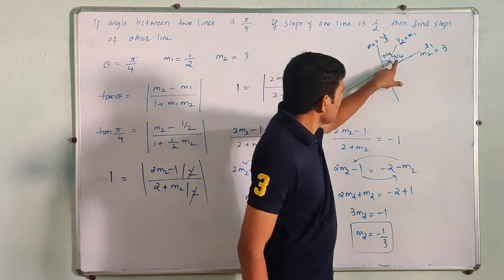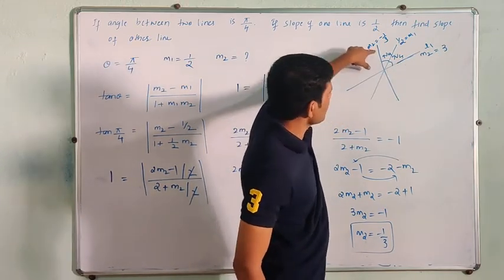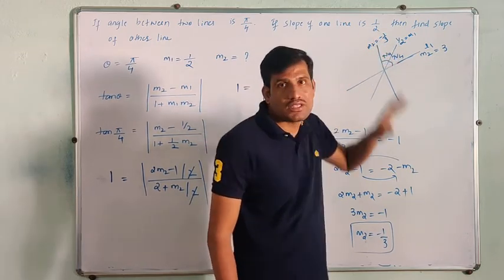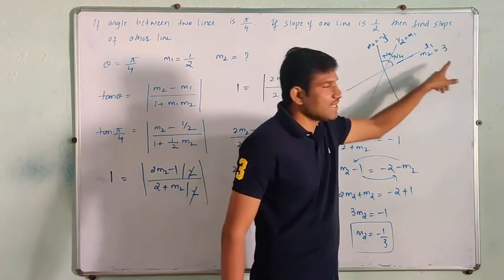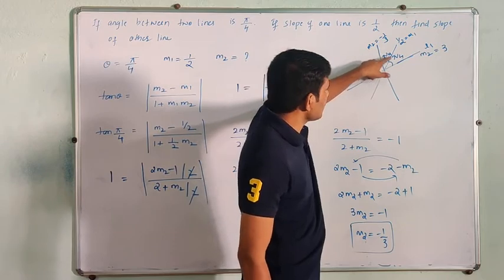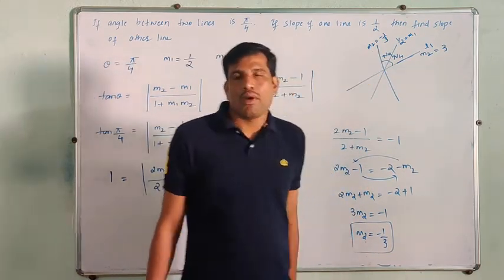One line is this, whose angle is pi by 4, the slope is 3. And one more line is this, which makes an angle pi by 4 with the same line, and the slope is minus 1 by 3. We can observe this slope is positive because this line makes an acute angle, that is in between 0 to 90. This is negative because this line makes an obtuse angle, which is more than 90. Therefore, we are getting minus 1 by 3.